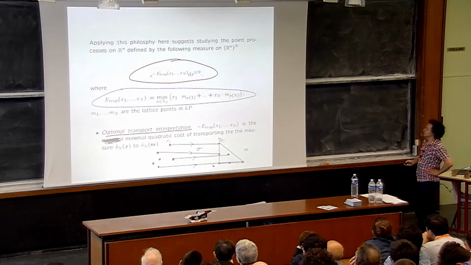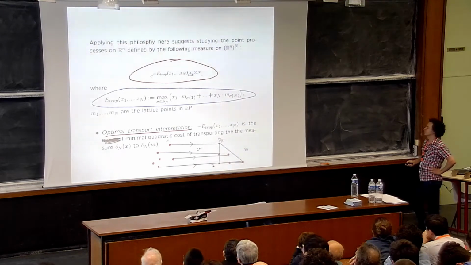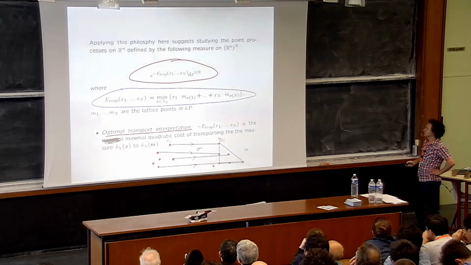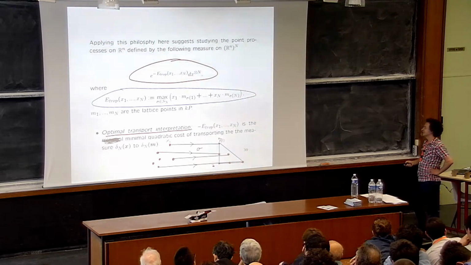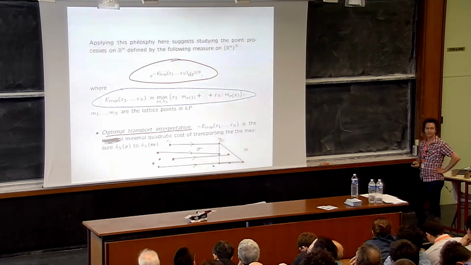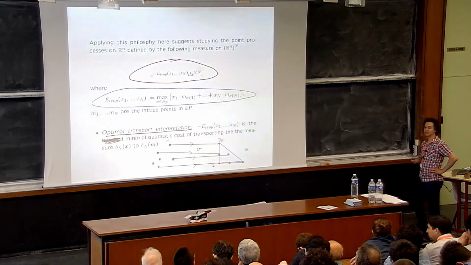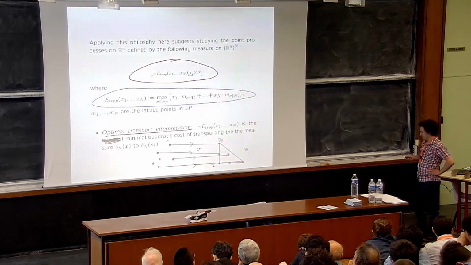Well, it is the optimal cost, the minimal cost of transporting these points to these points. So you start with the configuration of points, and you look at this matching problem. How can I match all of these with those here in a way to minimize this thing? And that's what the energy is telling you.